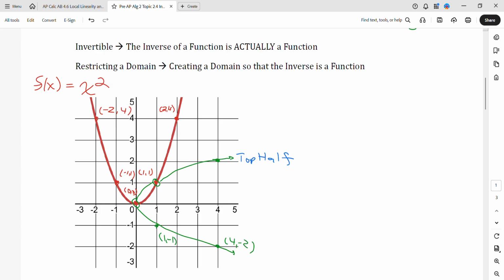Good. So this is what we call restricting the domain. If I take the inverse of f of x, which is x squared, I would restrict the domain to only the non-negative values. I'll write it two ways.